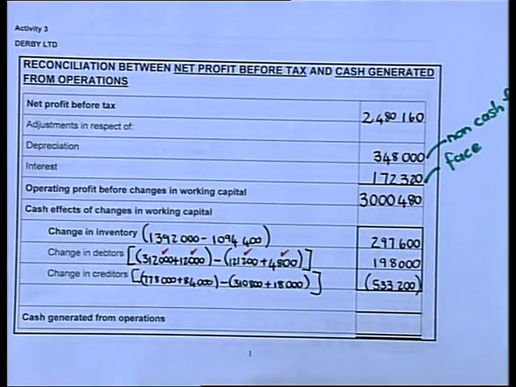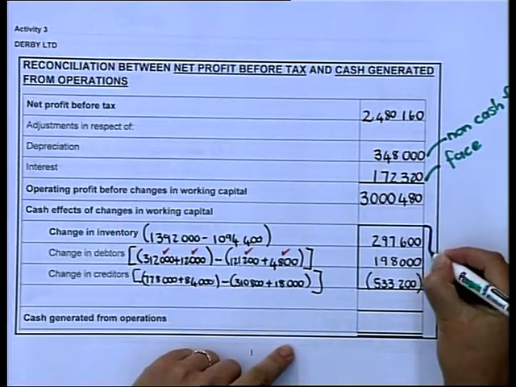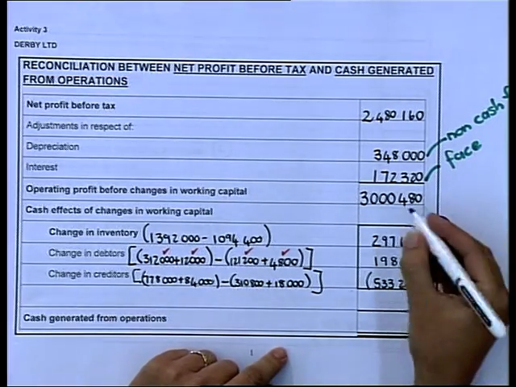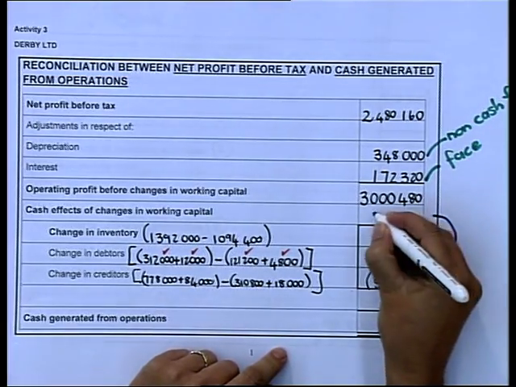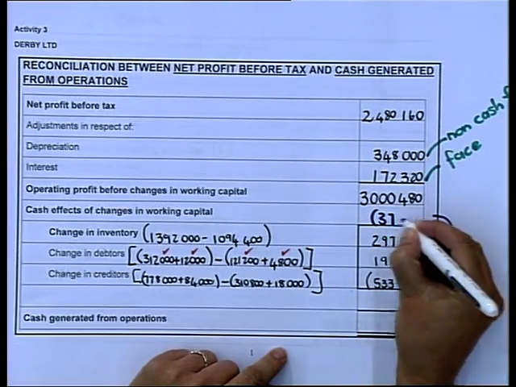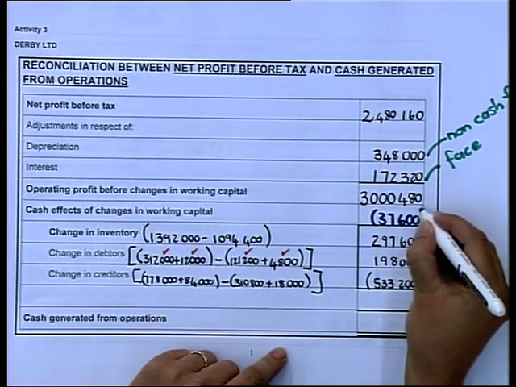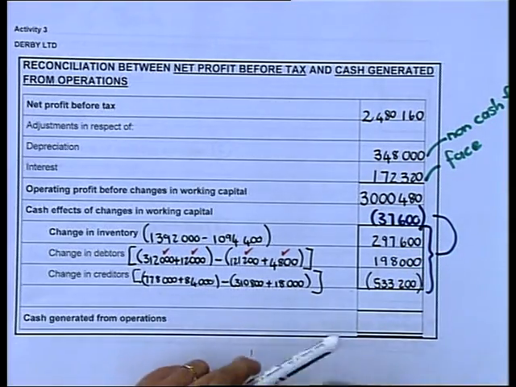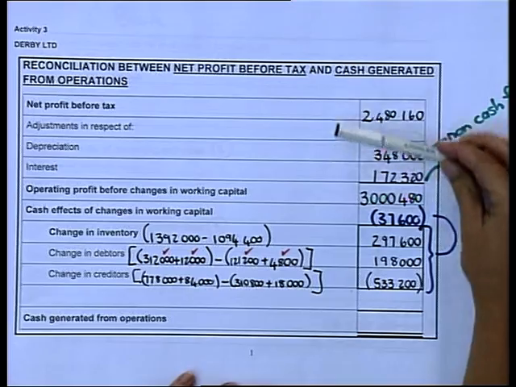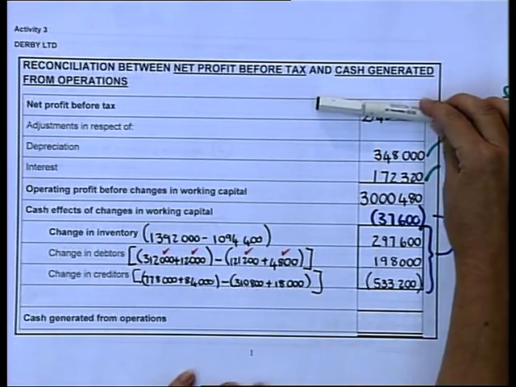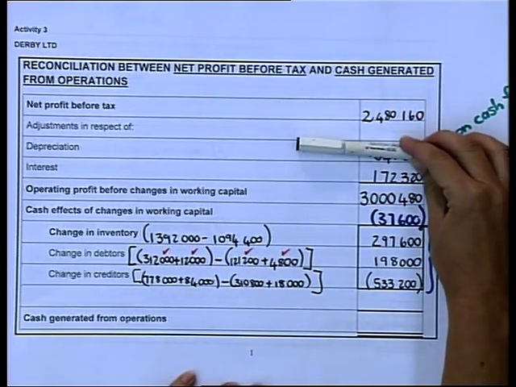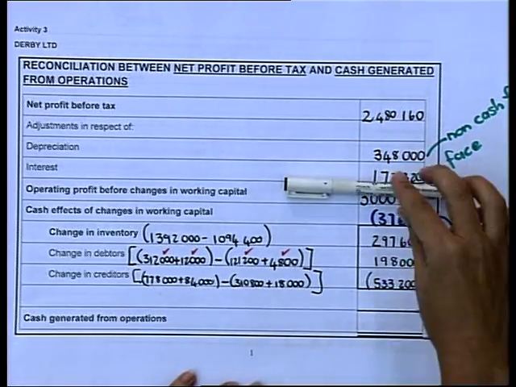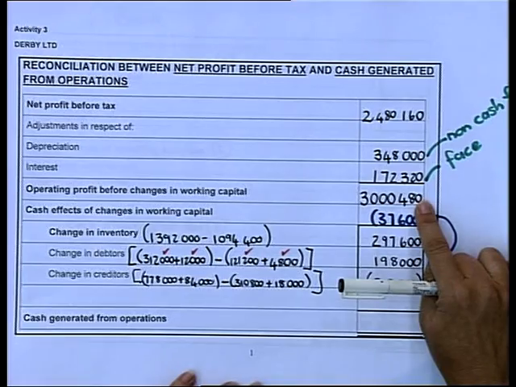And now, grade 12, I take these three and I add them up, and I say the changes in working capital, 37,600. And then in the end, I say, if the normal selling price, leave out the depreciation, leave out the interest because I'm showing it later, gives me 3 million.